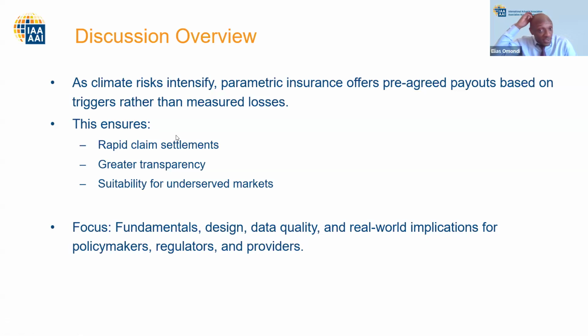One of the key things is that we are going to discuss in this meeting how parametric insurance can be used to address some of the risks that the world is facing. And we are going to focus on a number of fundamentals, like design, data quality, and what the real world implications are for policy makers, regulators, and other providers within this particular space. Next.